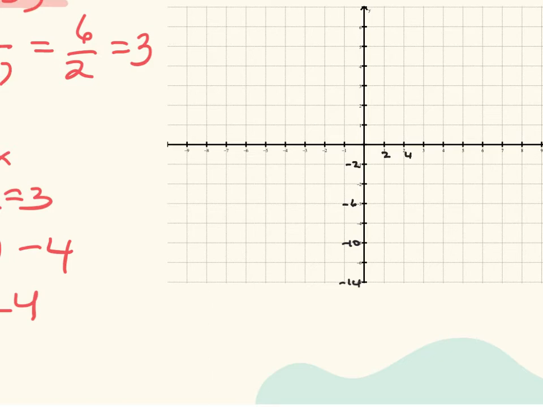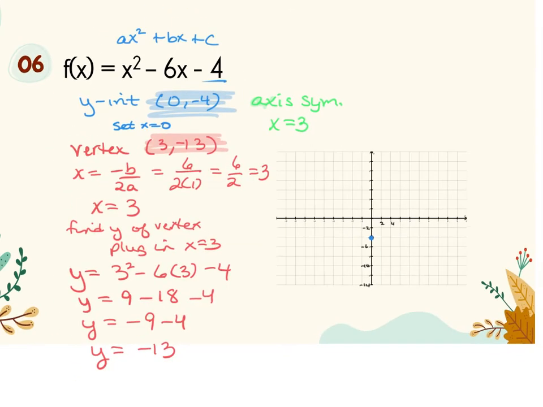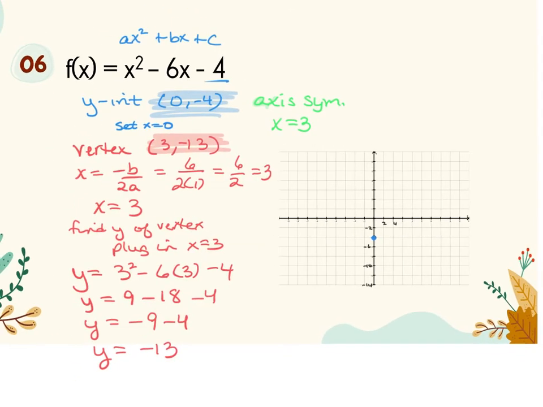So I'm going to graph first my y-intercept, which is here. Let me do it in blue. So I'm graphing the ordered pair 0, negative 4. And then I'm going to graph the vertex, which is 3, negative 13. I'm going to draw in my line of symmetry.